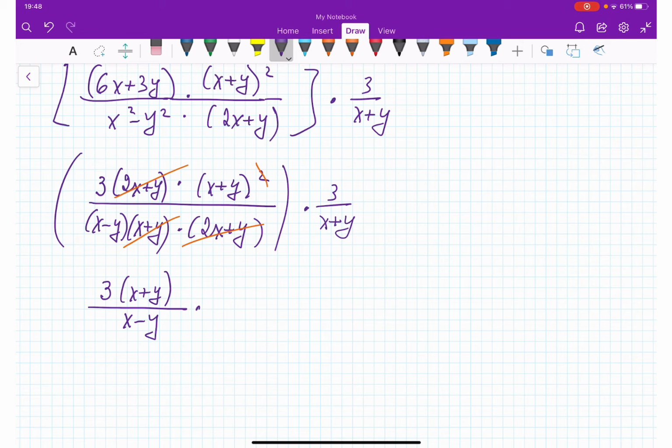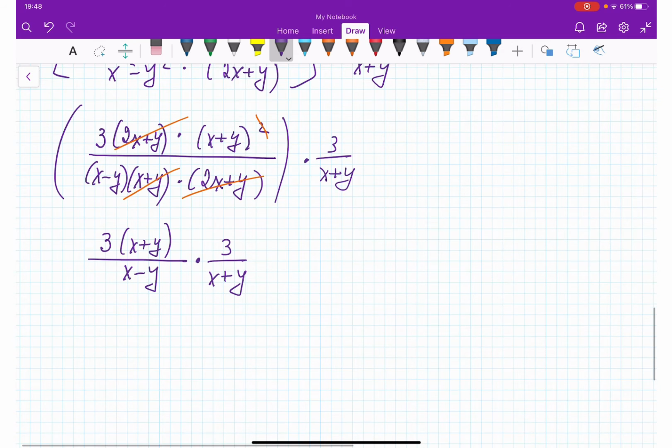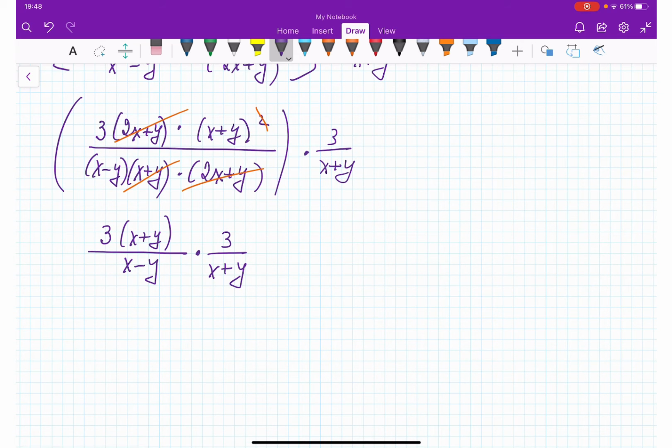And we multiply by 3 over (x + y). When we multiply, x + y will cancel, and the final answer is going to be 9 over (x − y). Okay, moving to the next question.